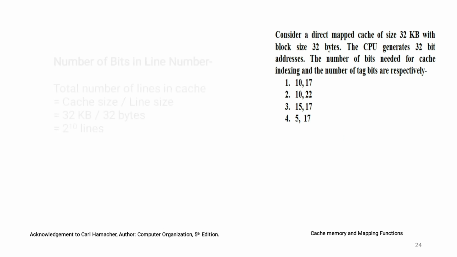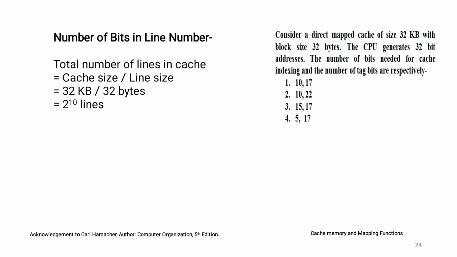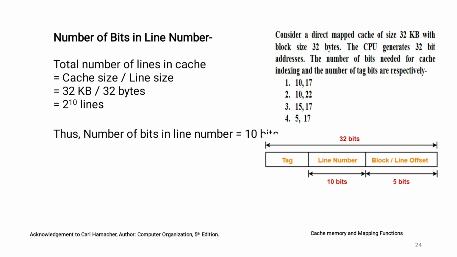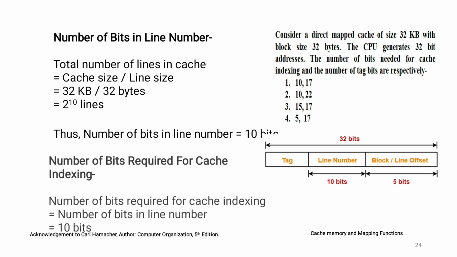So for the same problem here, line number 10 bits, that is okay. So 10 plus 5, and the total number is 32, because they have given the total number of bits in physical address as 32. 32 minus these two we will get.